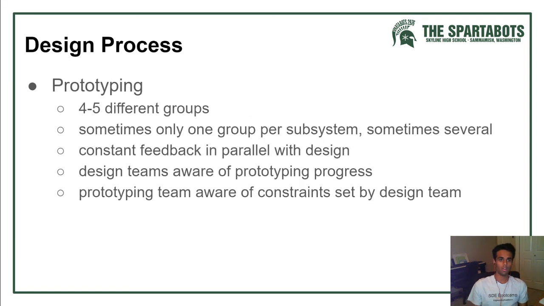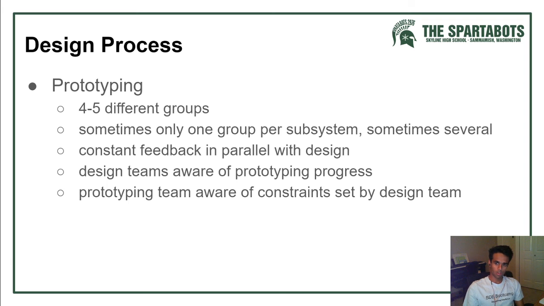Alright, prototyping. So after you've decided on all these things, split up into 4 to 5 different groups and start prototyping different mechanisms. Some of the less important ones you can have one group on, and for the more important ones you can have several.